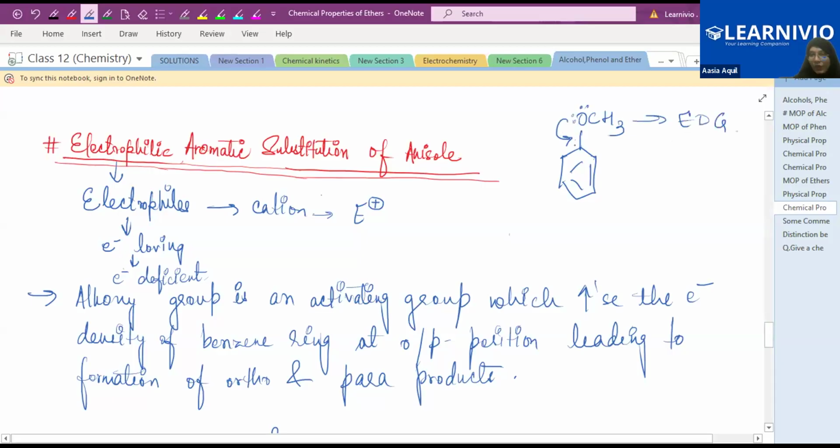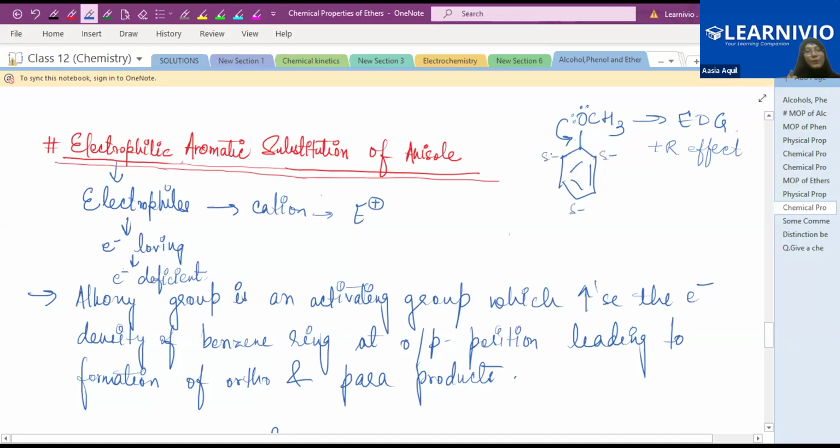It donates its electron to the benzene ring, and due to that, it shows the plus R effect, the plus resonating effect. And due to the resonance, there will be an increase in electron density at the ortho as well as the para position.